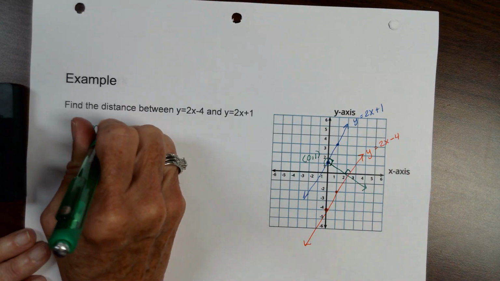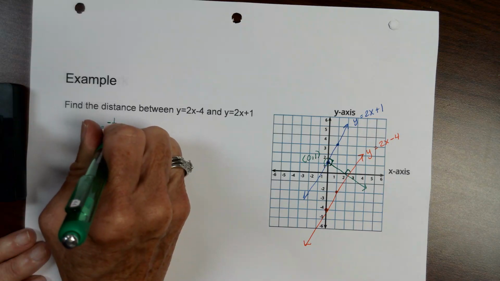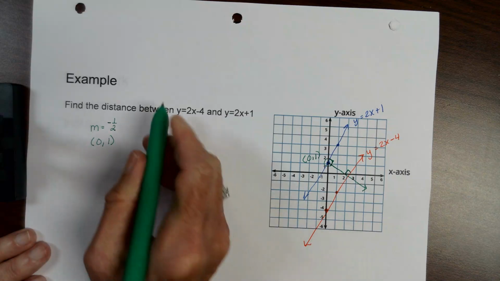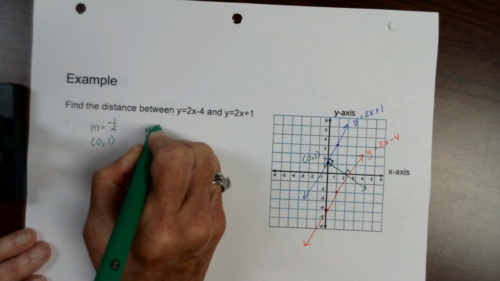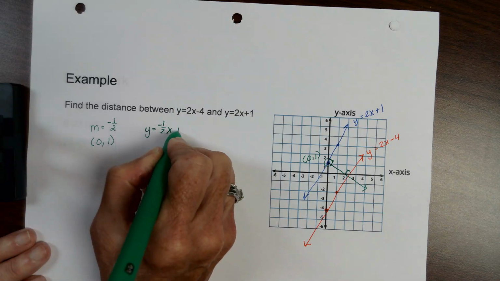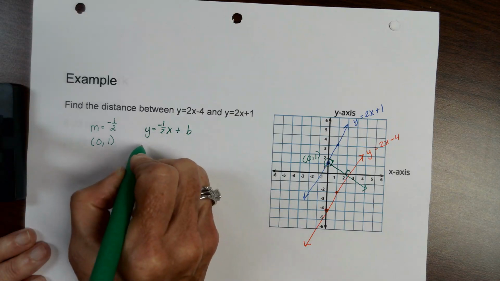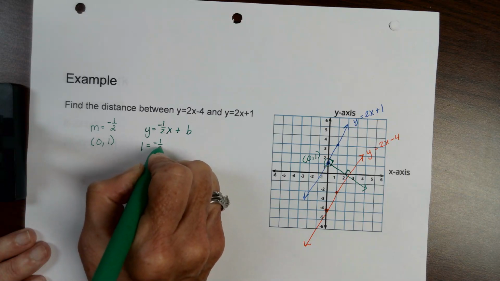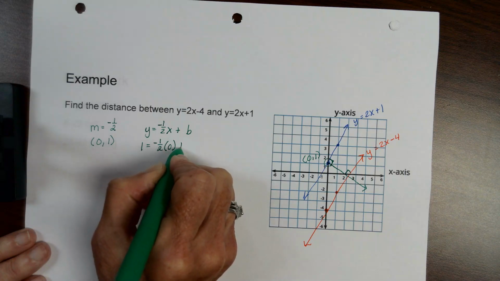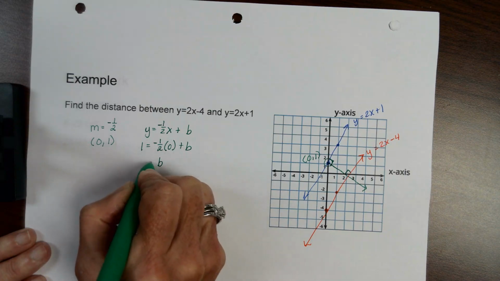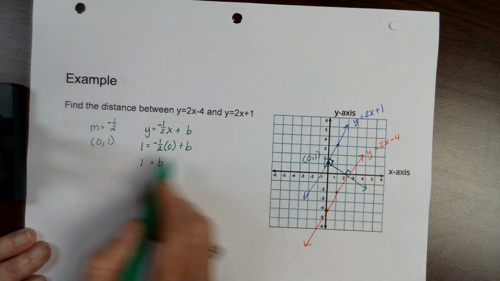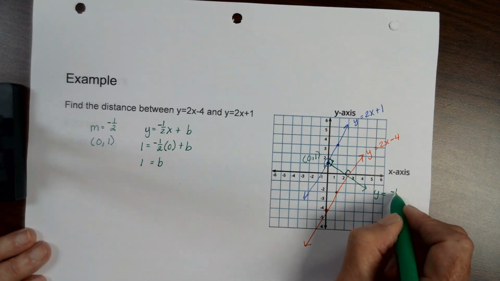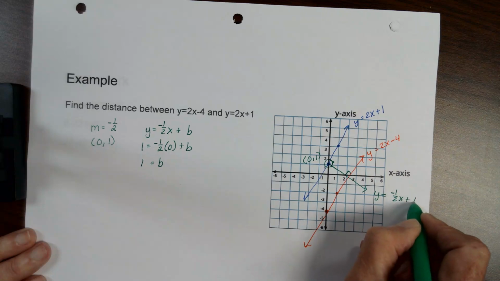So the slope of that green line is going to be negative 1/2, and it's going to go through the point 0, 1. So I have y equals negative 1/2 x plus b, and then I plug in my x and y, so I have 1 equals negative 1/2 times 0 plus b, b equals 1. So the equation of the green line is y equals negative 1/2 x plus 1.